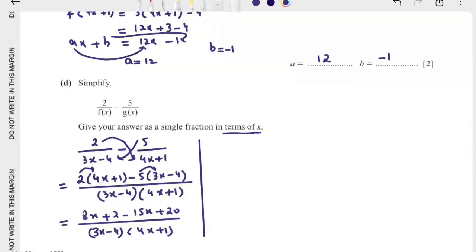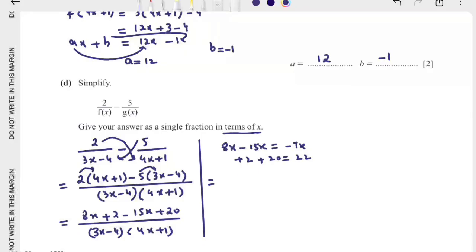So 8x minus 15x is equal to minus 7x, and plus 2 and plus 20 is equal to 22.